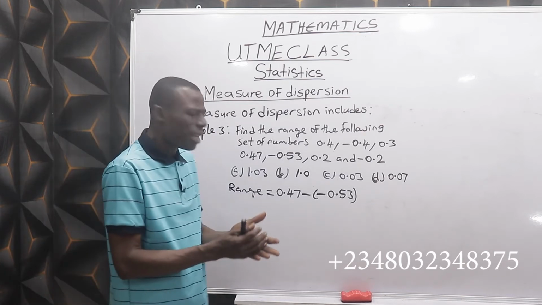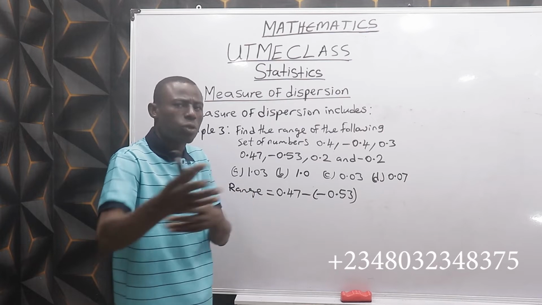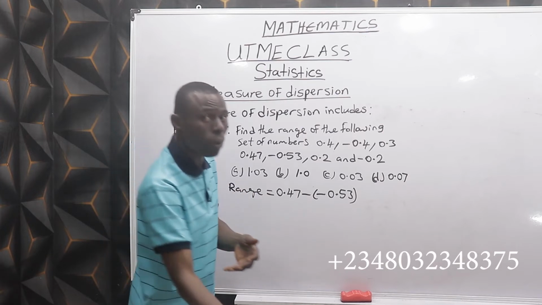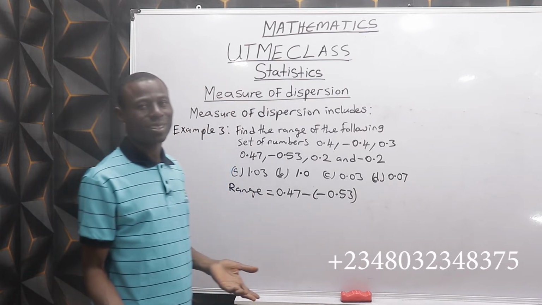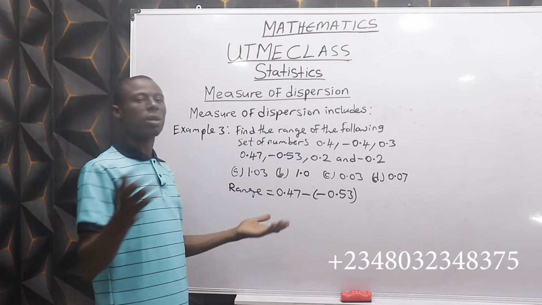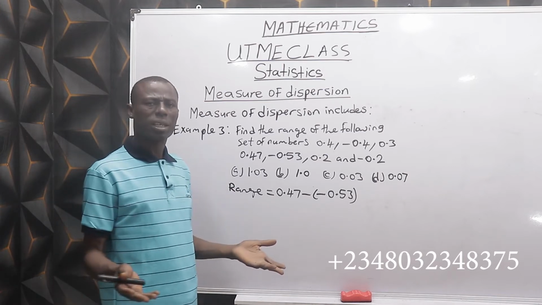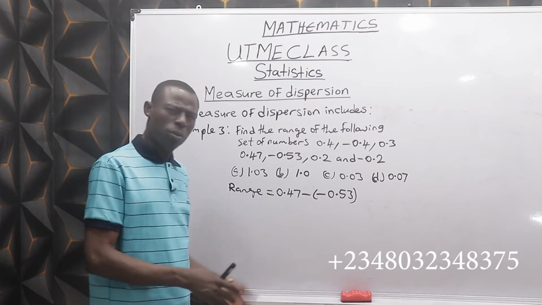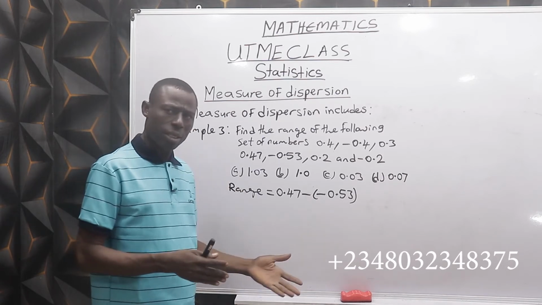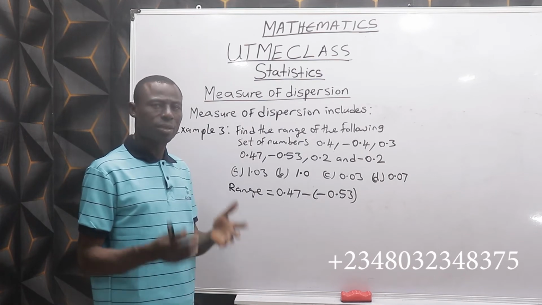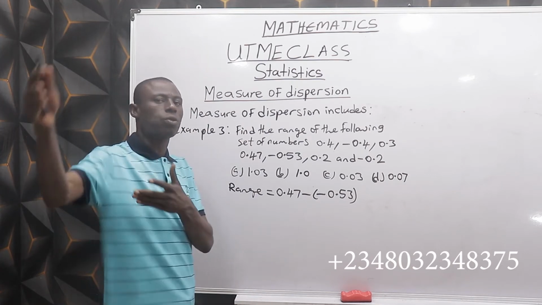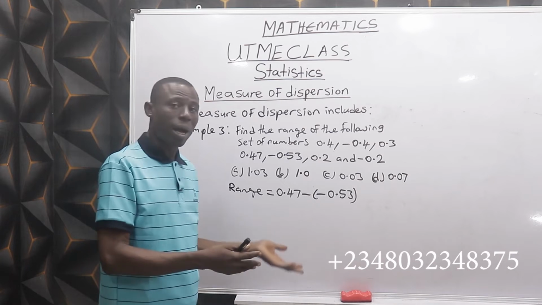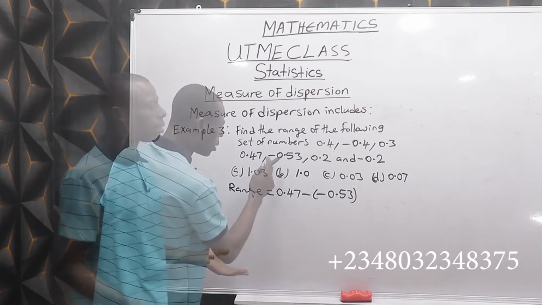The higher a negative value seems to be, the lower it is. You see negative 100, it seems big compared to 2, 3, 4. You would think negative 100 is big. It's not big. As bigger as it seems to be, the lower it is.